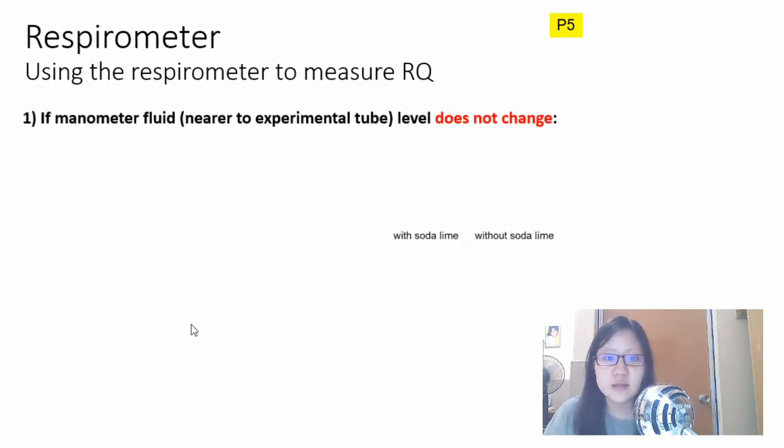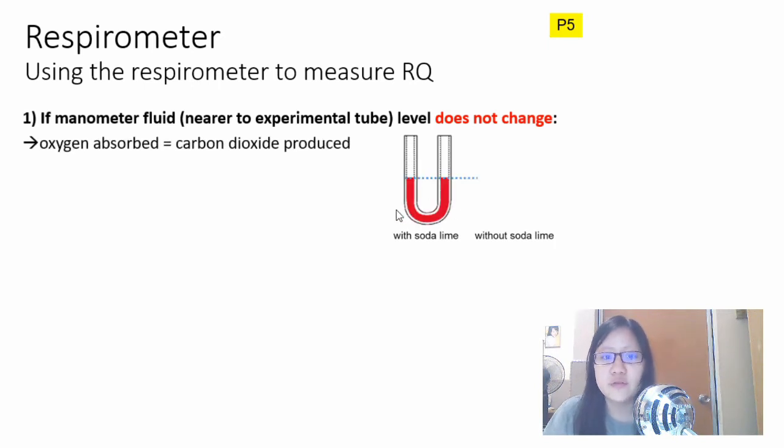At first, we would have soda lime like this, right? This is the beginning of the experiment. With soda lime means that the carbon dioxide is absorbed. The level will go up because oxygen is consumed, it's taken in by the organism, right?